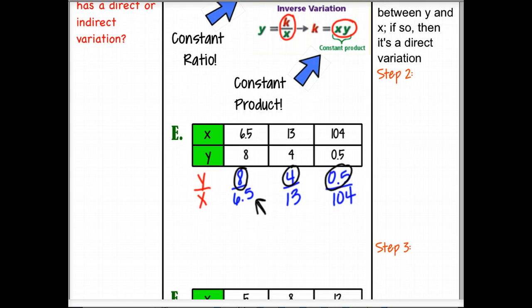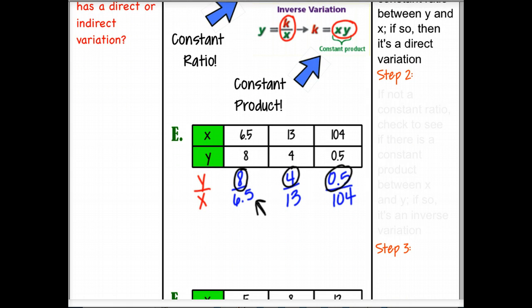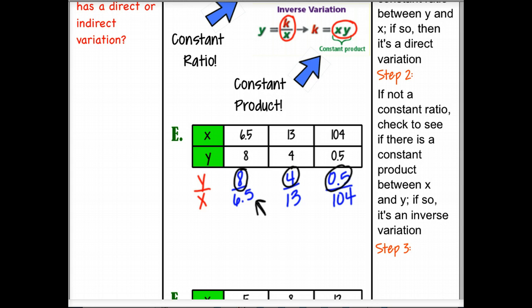Once we know that, we can go ahead and try step 2. If it's not a constant ratio, we can check to see if there's a constant product between x and y. So the next thing I want to do is take a look at x times y. When I take 8 times 6.5, I get 52.